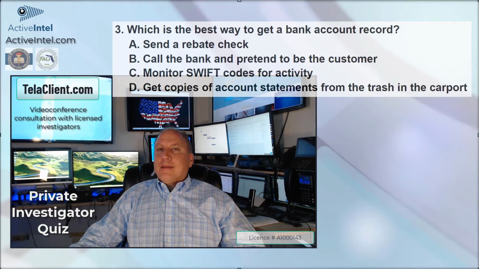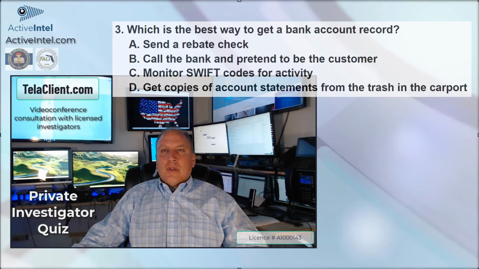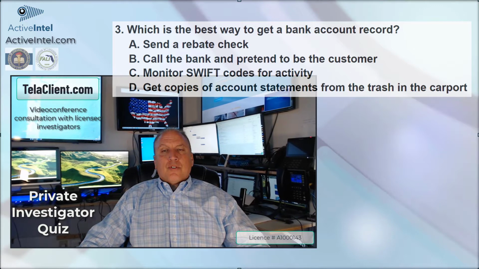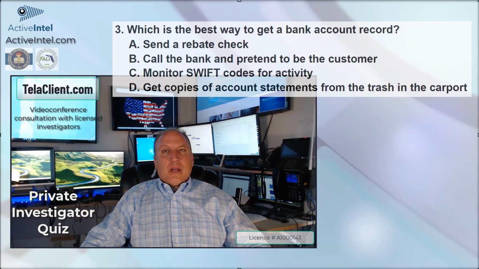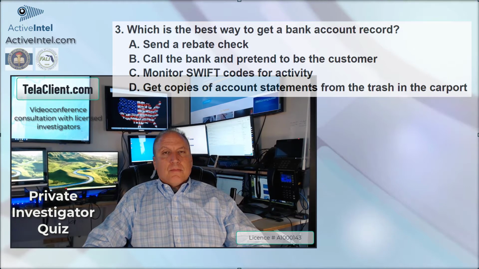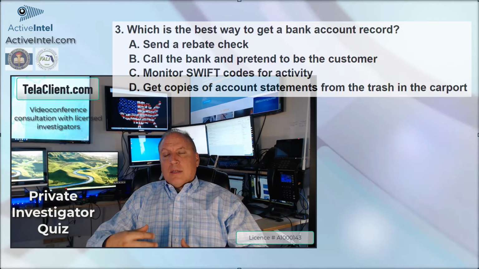Now, what about D? What about getting copies of account statements from the trash in the carport? Well, the trick question part of this is trash in the carport. In most jurisdictions, you can do a trash pull, but the trash has to be out. It's called curtilage, meaning that if the trash is in their carport still kind of retained in, you can't get that trash.